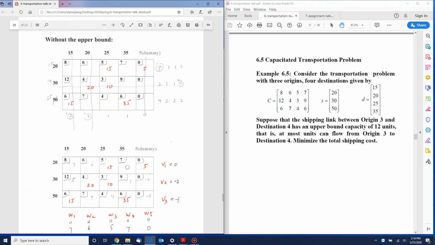So for the next step, I choose the first column to work on. When I choose the first column, you could see 6 is the cheapest one. So we put a total of 15 in cell 31, and then the first column is done. Origin 3 has 35 only, so I crossed out 50 and wrote 35 there.